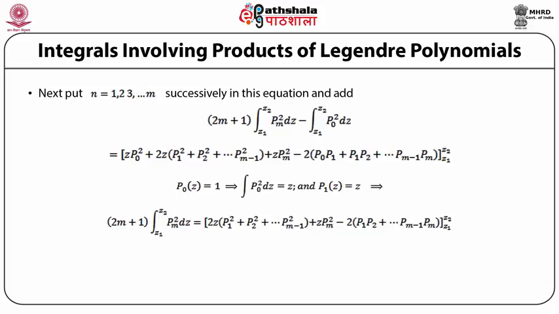So, we obtain (2m plus 1) into the definite integral over z going from z1 to z2 for the term Pm square minus the integral over z going from z1 to z2 for the term P0 square is equal to, within the brackets, z times P0 square plus twice of z within the brackets P1 square plus P2 square plus up to Pm minus 1 square, bracket close, plus z Pm square minus 2 again multiplied by, within the brackets, P0 P1 plus P1 P2 plus so on up to Pm minus 1 Pm, bracket close.